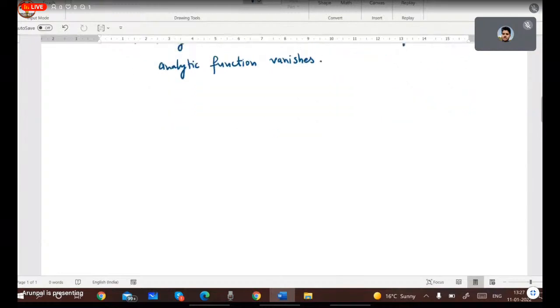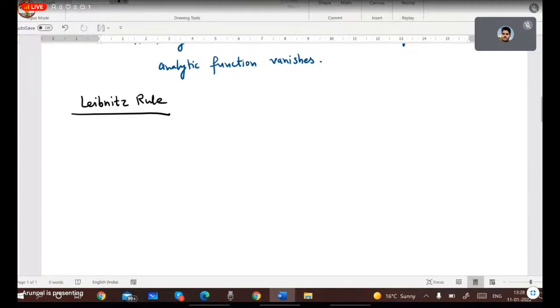Okay, class. So I am going to start with what is called the Leibniz rule. Basically, this is a result which is some sort of differentiation under the integral sign.